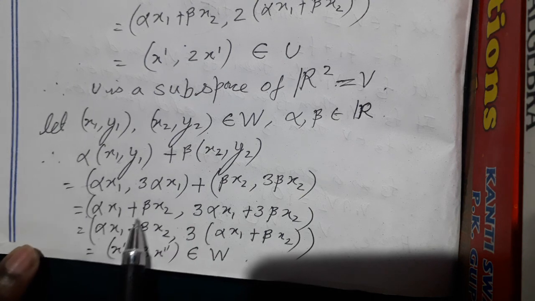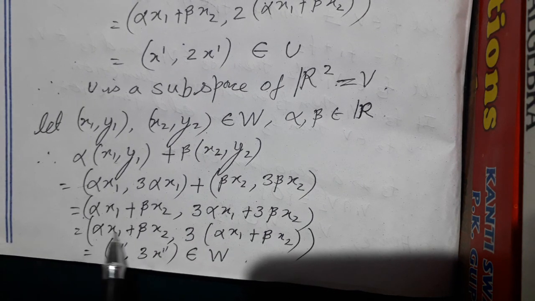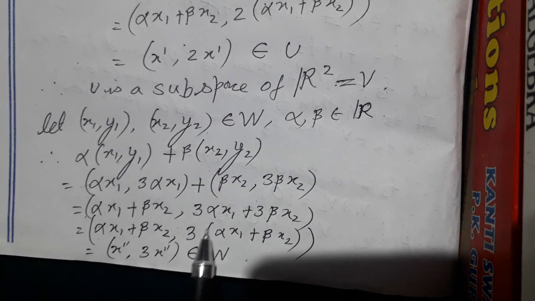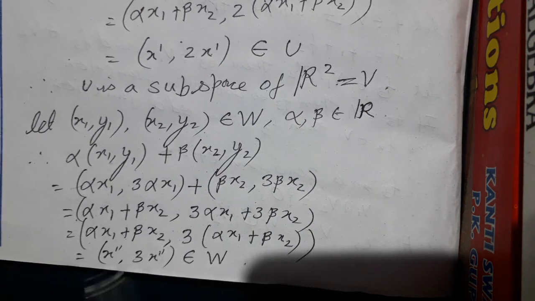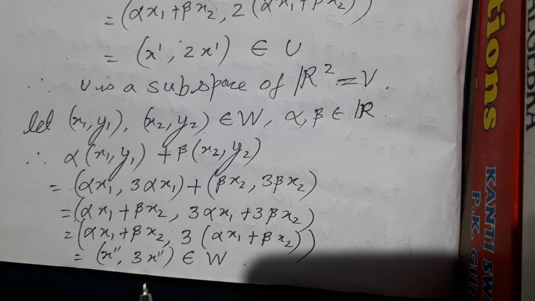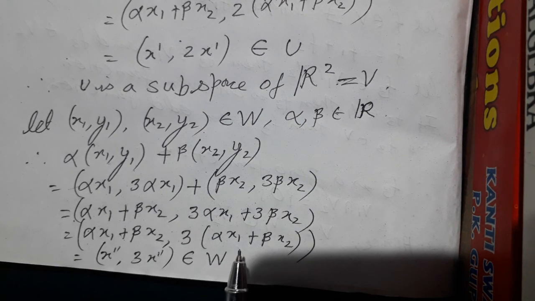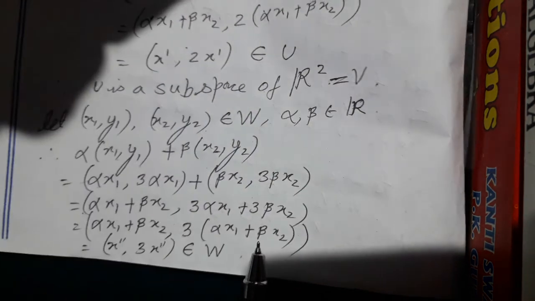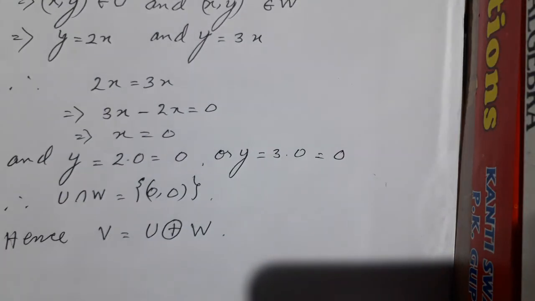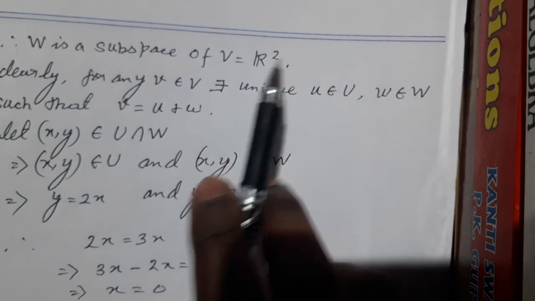In the same way as above, what I have explained to you, this belongs to the real numbers as well. So it is of the type of elements which belong to W. So we have shown that the linear combination belongs to W. Therefore W is a subspace of R².